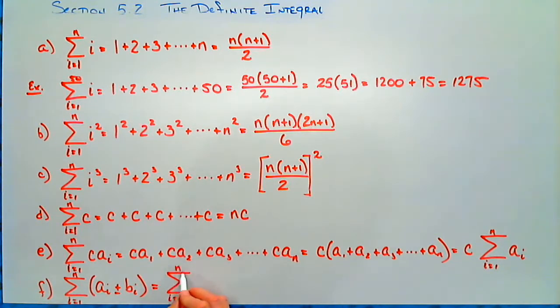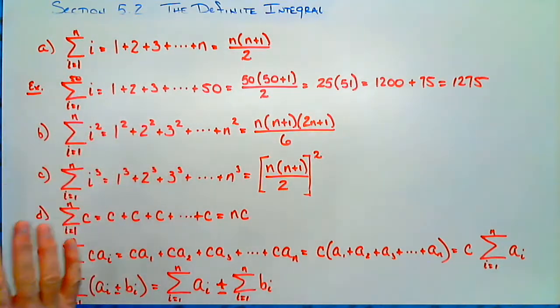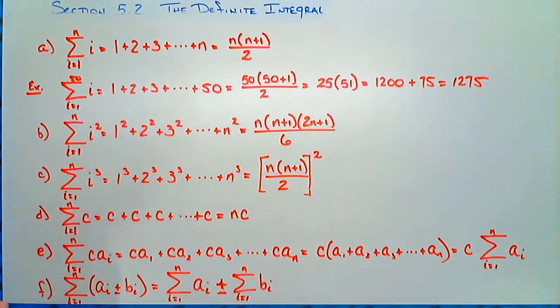The sum i equals 1 to n of your a sub i's plus, right, the sum i equals 1 to n of your b sub i's. And it also works for minus. Okay? So those are just a quick review of some of the formulas dealing with sigma notation from back in pre-calc that we need as we move through this part of the calculus textbook.